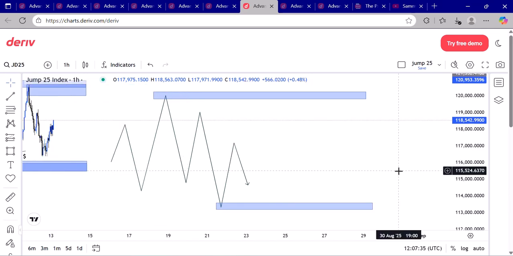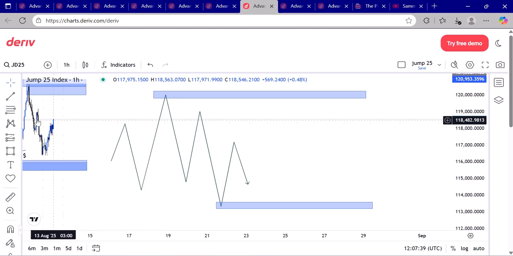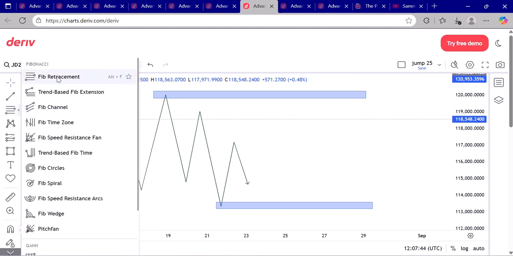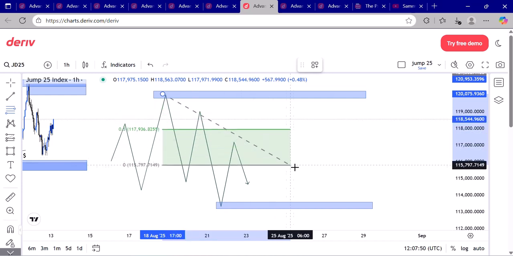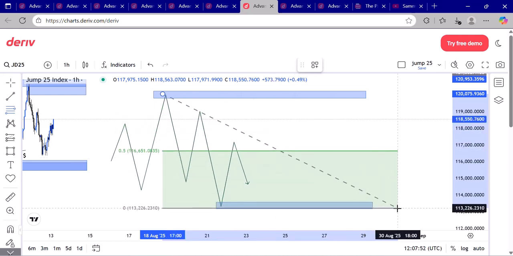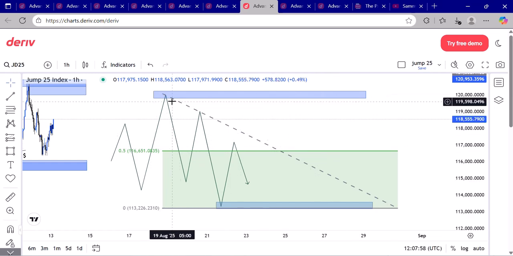There's also what we call premium and discount. If I pick our Fibonacci retracement, come to our highest point and move down to our lowest point, you see what this Fibonacci does. It divides this range into two.